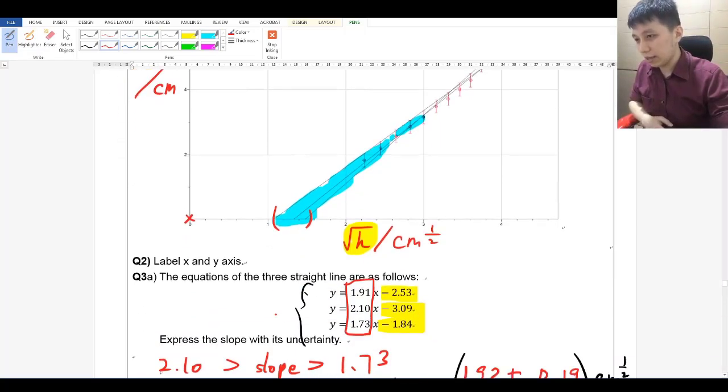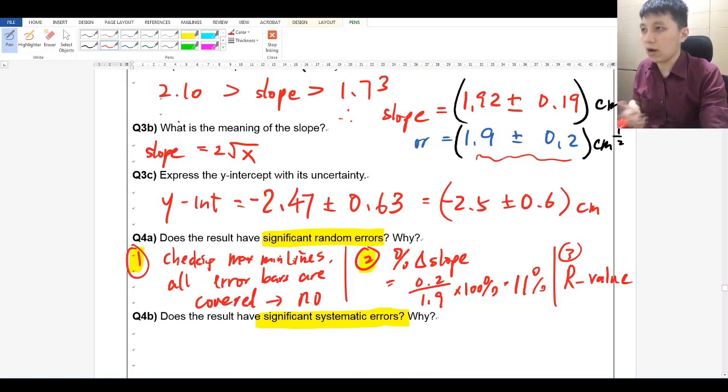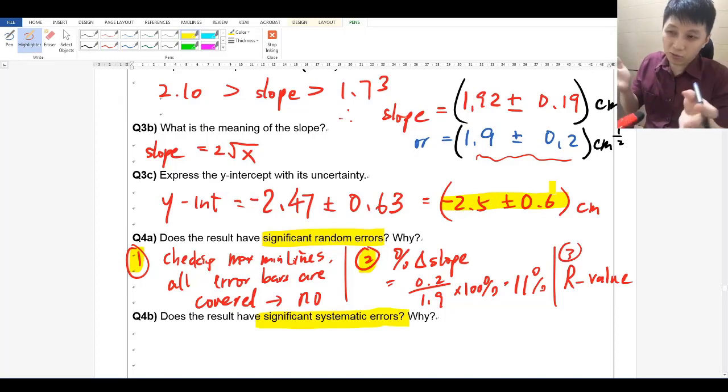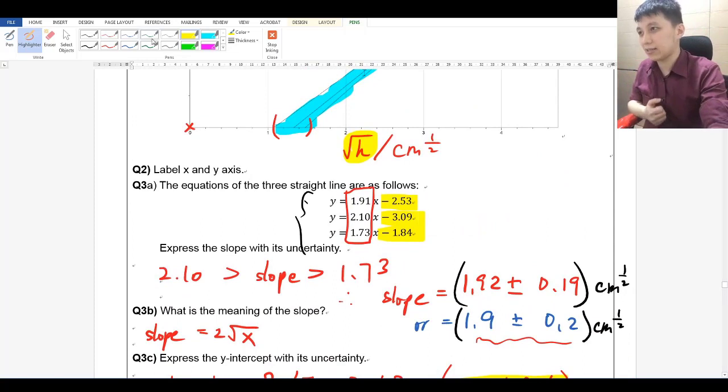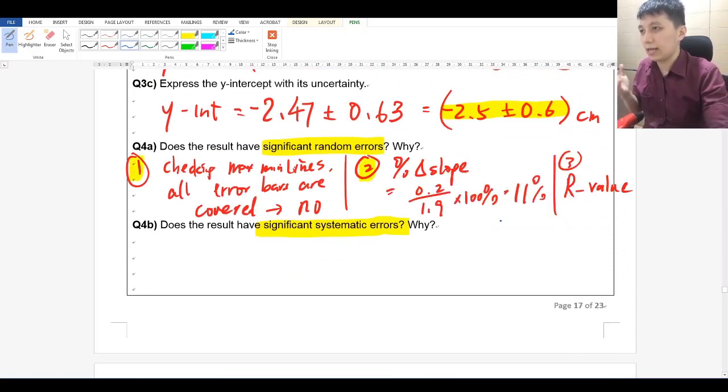You could also tell by looking at the range of the y-intercept, which is the one that we calculated here. You can see the range doesn't cover 0, right? Or just by looking at here also. So you can judge easily. And because of that, the answer would be yes.